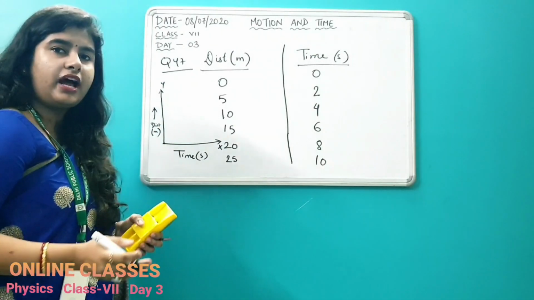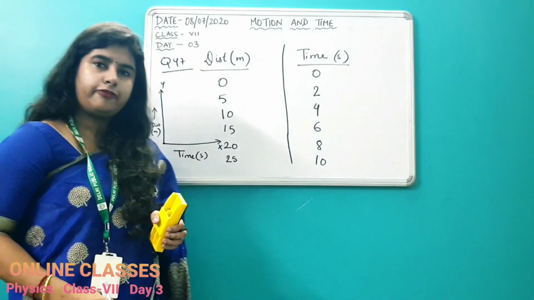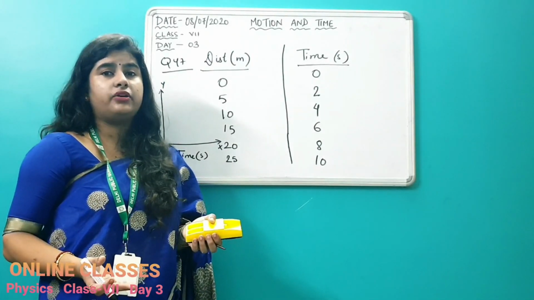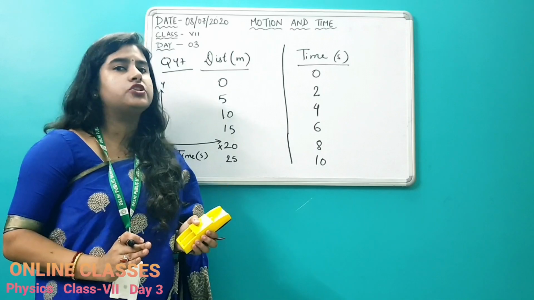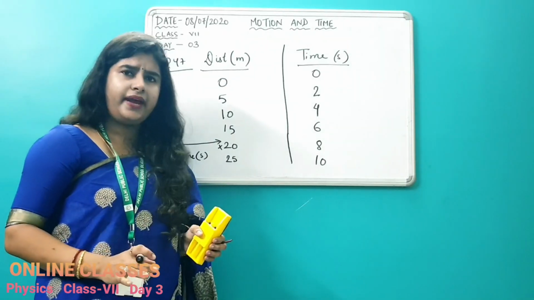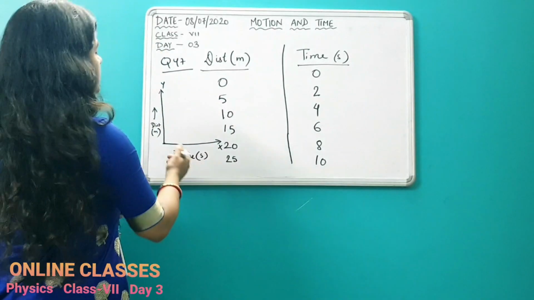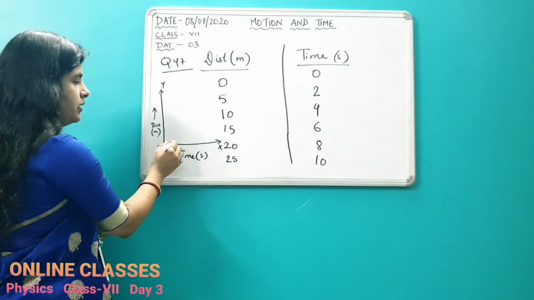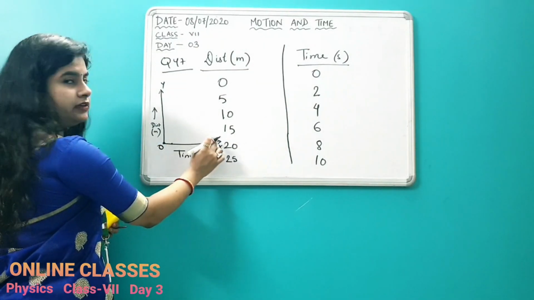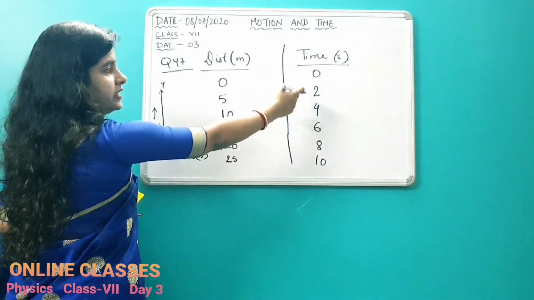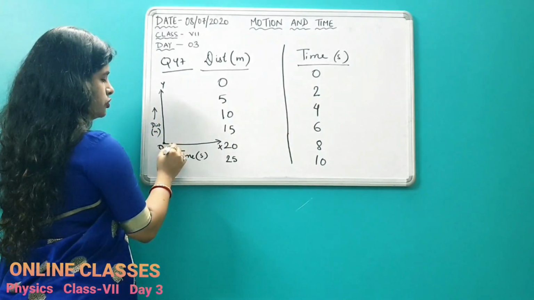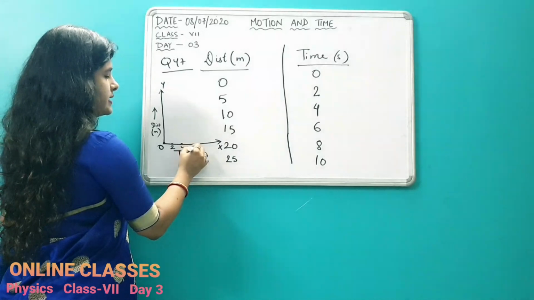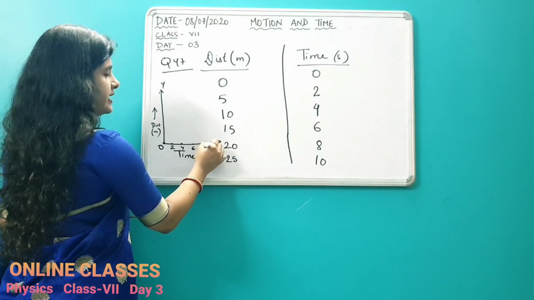If you have a graph paper, you can solve it on the graph paper, or if you don't have a graph paper, you can simply solve it on a piece of paper. Initially, this point is 0. Then I am taking equal intervals. The equal intervals of time are already given: 0, 2, 4, 6, 8, 10.